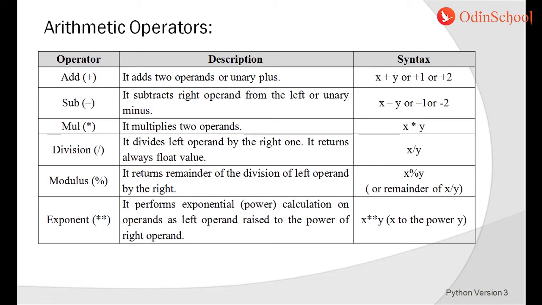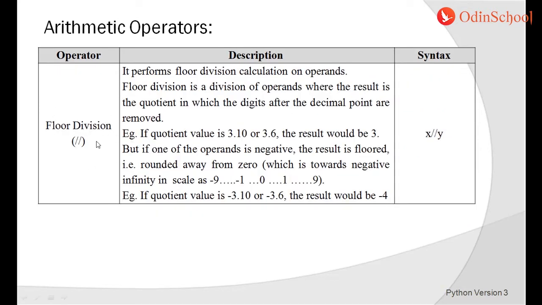If you want to add two variable values, then you can easily add them by using a plus. If you want to subtract, then minus. Arithmetic operations are mainly used for integer data types or number data types. This is the floor division.